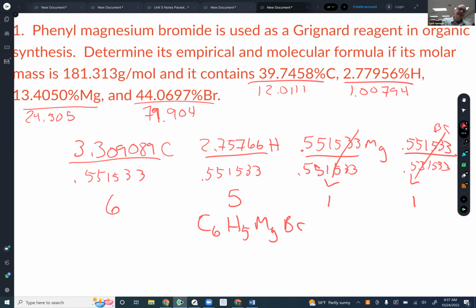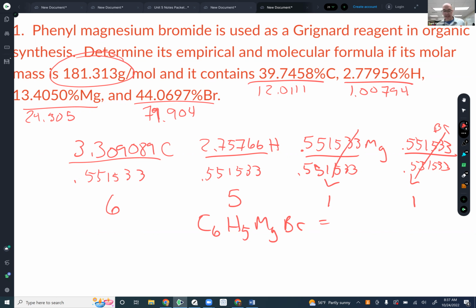But it's saying that the molecular mass is 181. So we've got to figure out first what the empirical formula is, so that we can apply that to the molecular formula. So I've got 6 of the carbons, 5 of the hydrogens, and then 1 of the magnesium and 1 of the bromine.